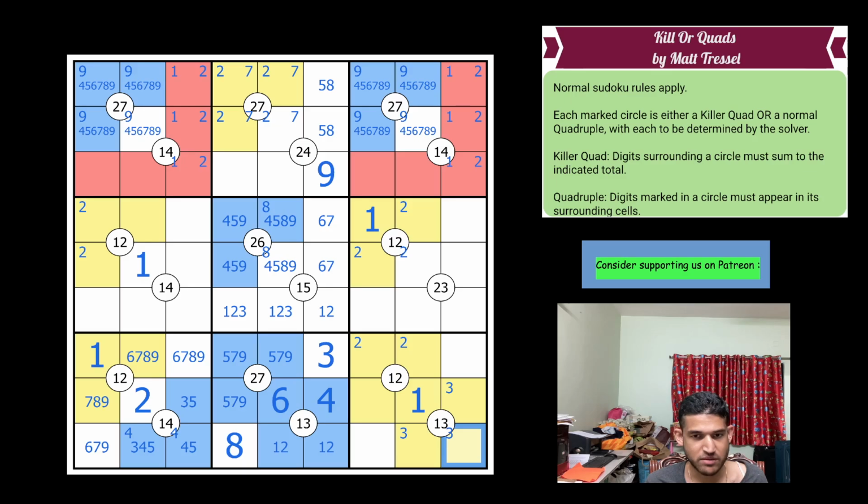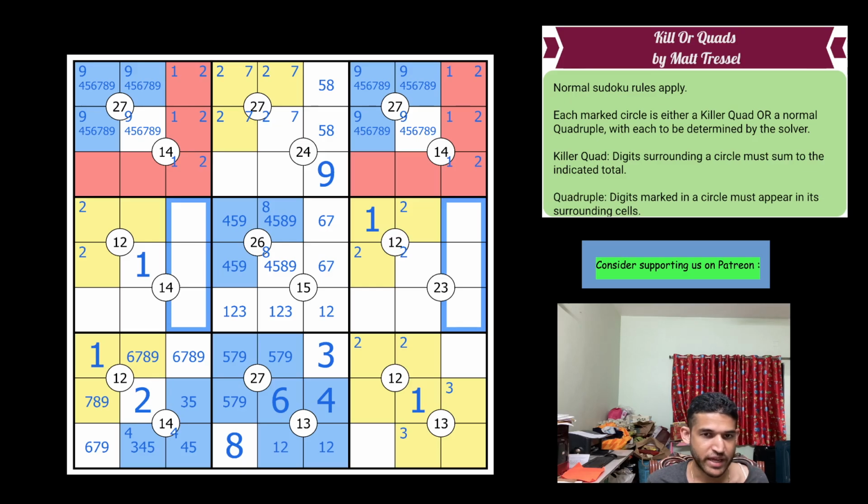This cannot be a 3 as well, because if 3 goes here, 3 goes here, and again there is no space for the 3s here. Oops, sorry, this is not a 3, and the same works out here as well. 3 is either here or here, here or here, and here or here, which means none of these cells can take a 3.